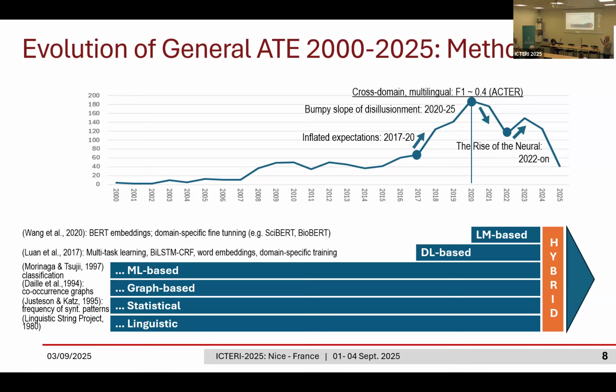So graph methods have been introduced, which use the edges in graphs to compute the similarities between the nodes. And then the machine learning methods, the deep learning methods, and finally language model methods have come to the stage and started showing promising and more promising results, at least in named entity recognition. So the takeaway from this slide is that only a hybrid method could give you a chance to push the state of the art.